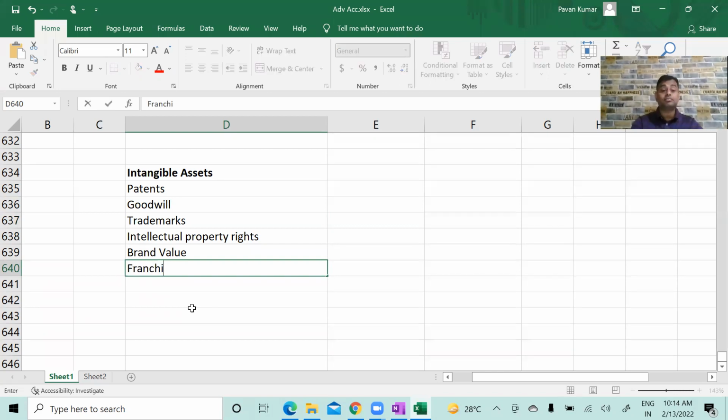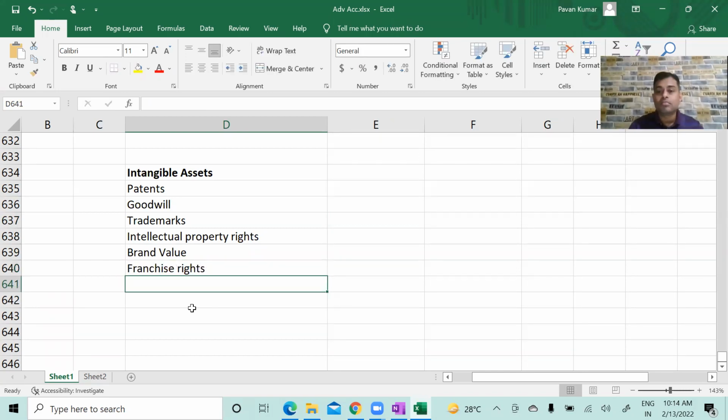Franchise rights. Do you think franchise rights are the right to operate a brand? For example, McD or KFC, Domino's, this kind of food store, Subway, you can take it. You can pay some amount to them and you can take it. If you want to take Domino's, you need to approach a company called Jubilant Foods.